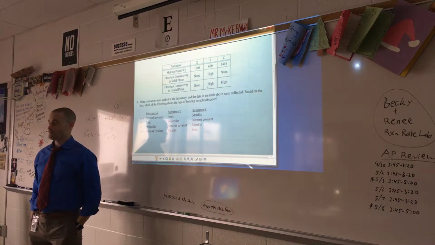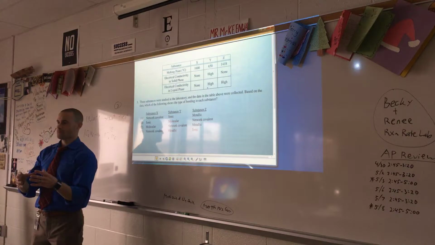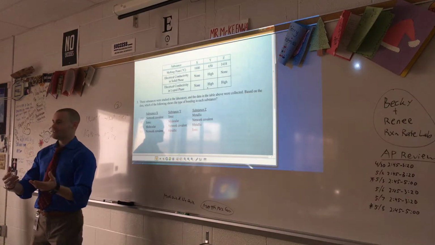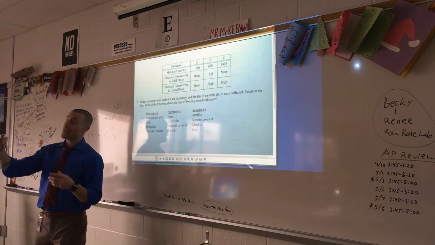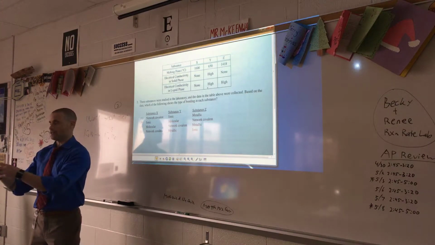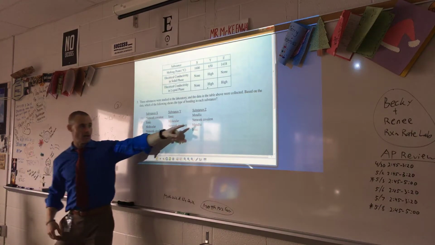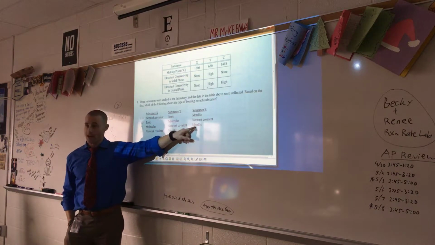Metallic conducts. What makes up a metallic crystal? Metal cations, like Cu plus 2, Na plus 1, Zn plus 2, surrounded by mobile electrons. So metals conduct as a solid because of that.